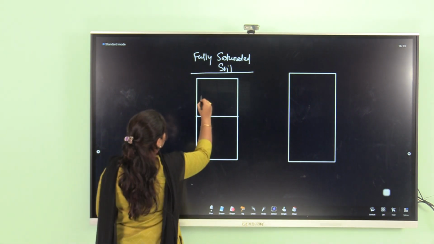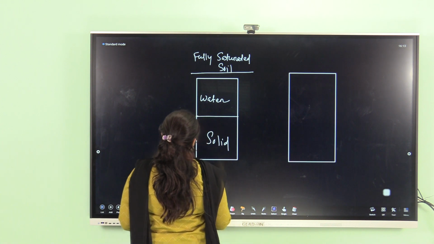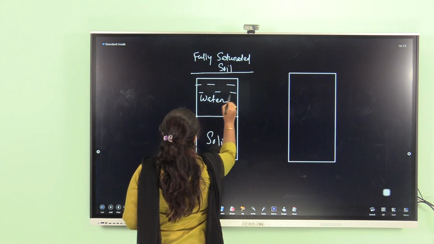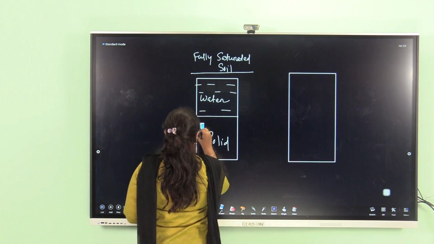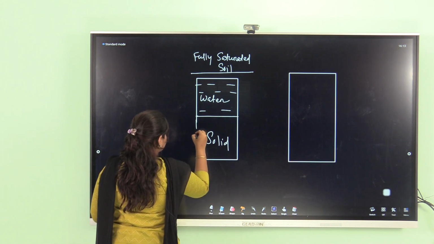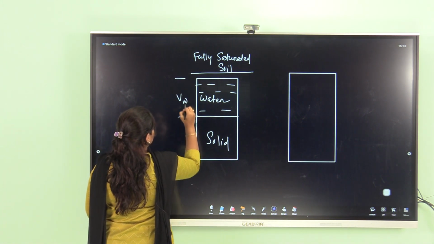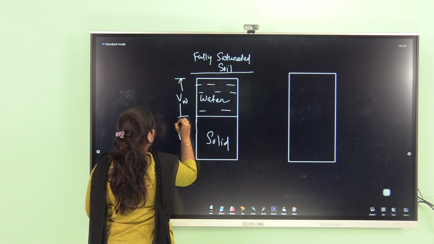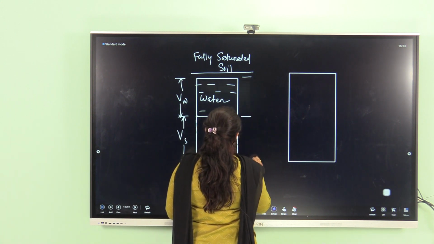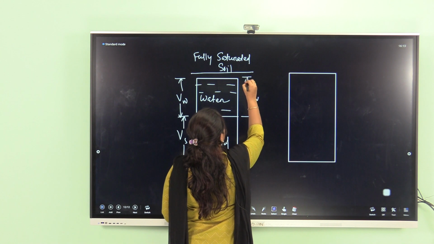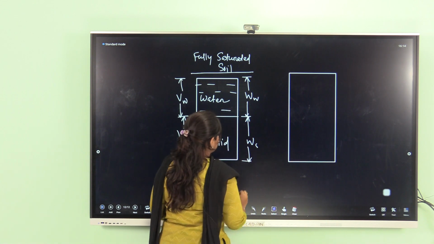We term it as VW and VS, and here WW and WS.